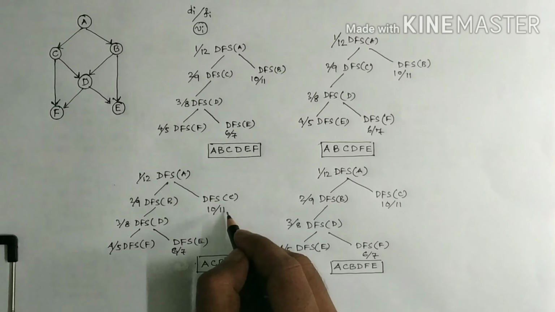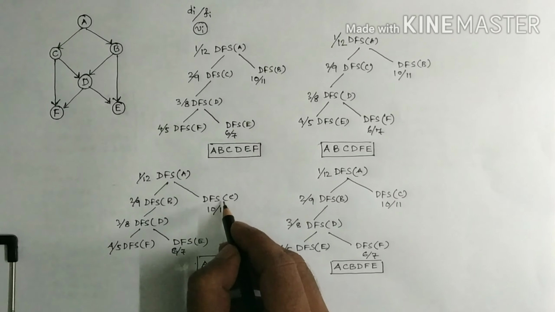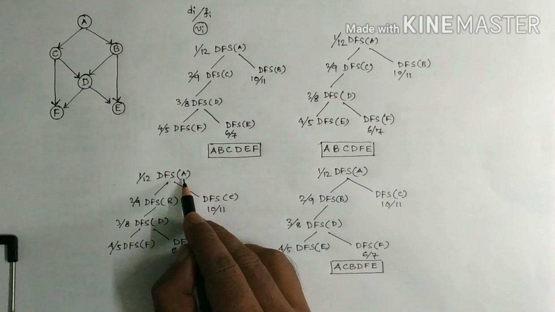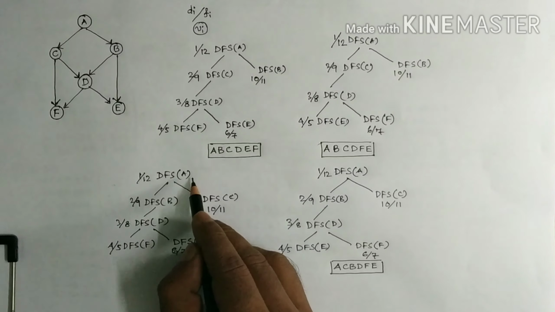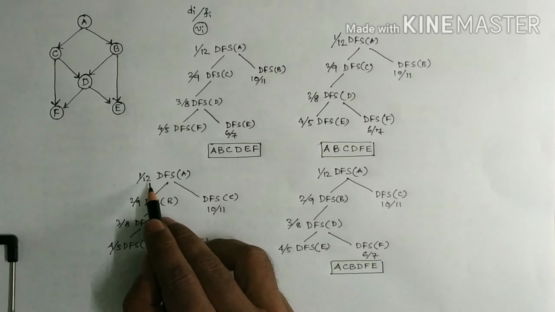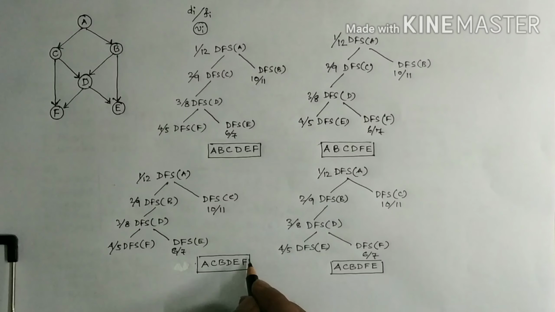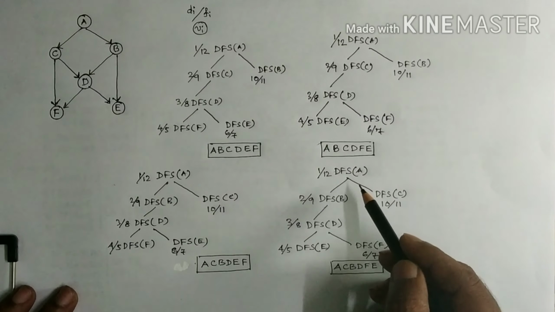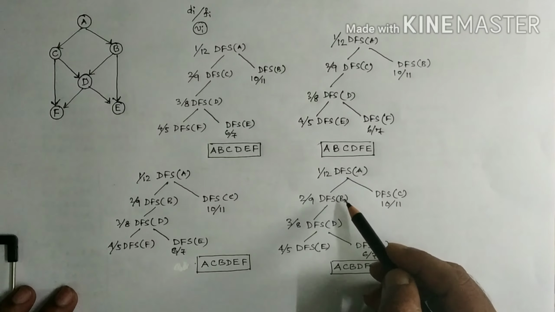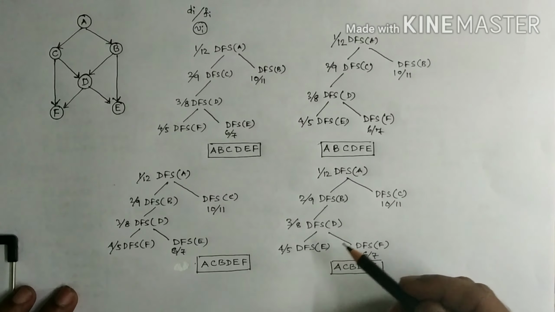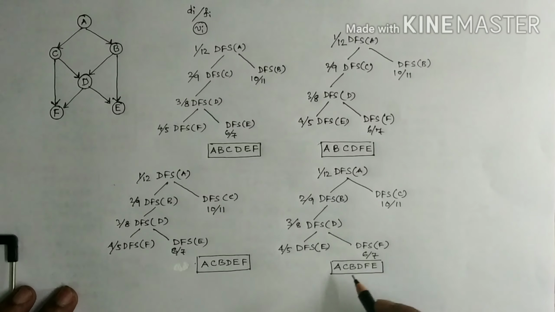No. So finish it. Then backtrack from C, go to A, check, is there any unvisited adjacent of A? No. So finish it. Now you will get the solution A, C, B, D, E, F. Similarly, following the path A, B, D, E, you will get the solution A, C, B, D, F, E.